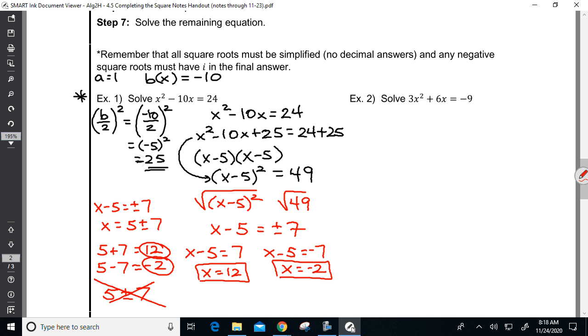The only time you can leave it that way is if you have an imaginary number or a square root. If you have whole numbers, you need to separate it.